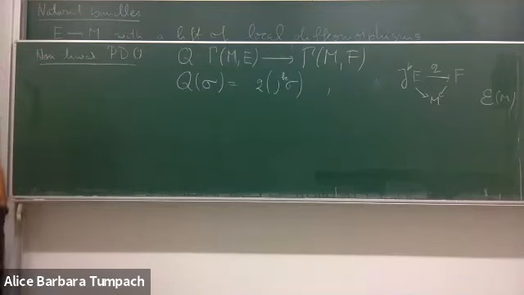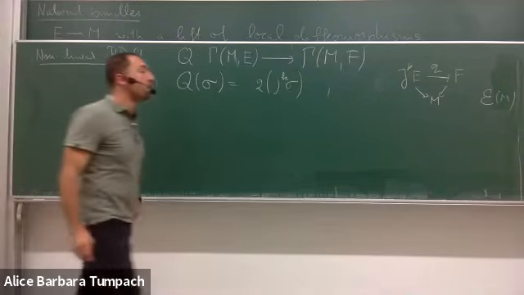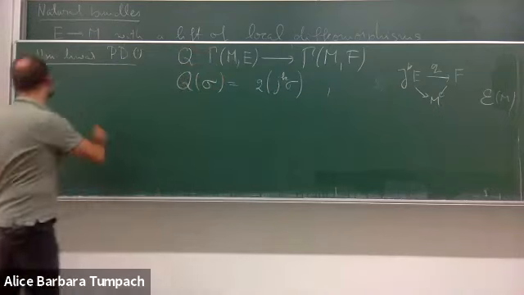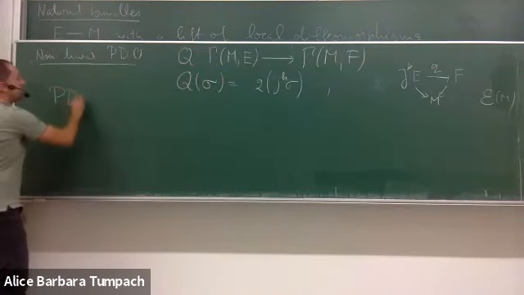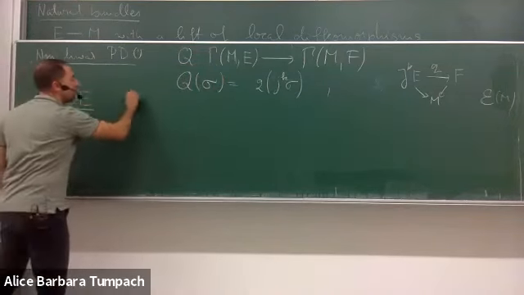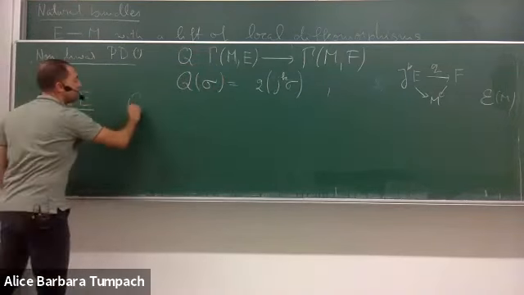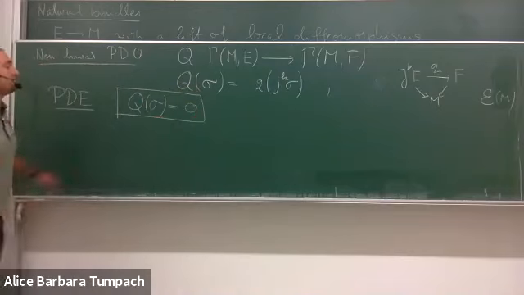If it was linear, then it was exactly a linear partial differential operator. And then I'm thinking about the PDE simply as being this equation, Q of sigma equals, let's say, 0. Okay, so this is the kind of PDEs I'm looking at.